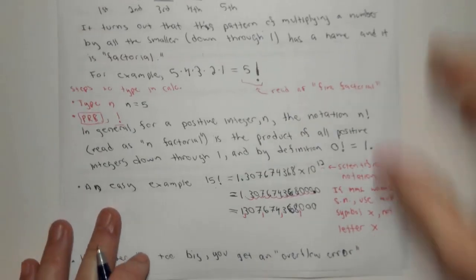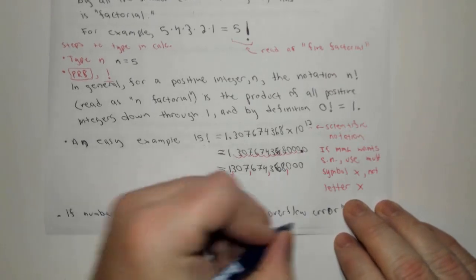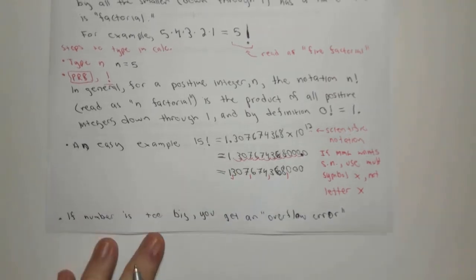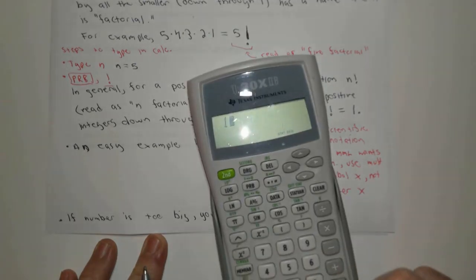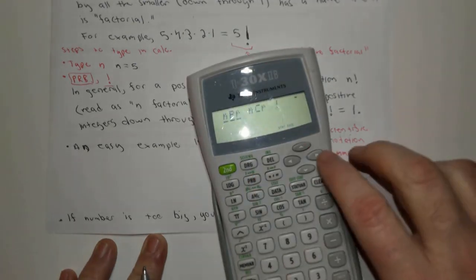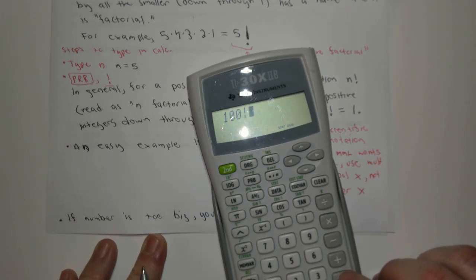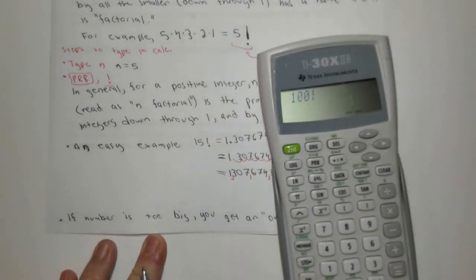Okay, we're going to see what that looks like. Overflow error. So, if I were to try 100 factorial, you get the overflow error.